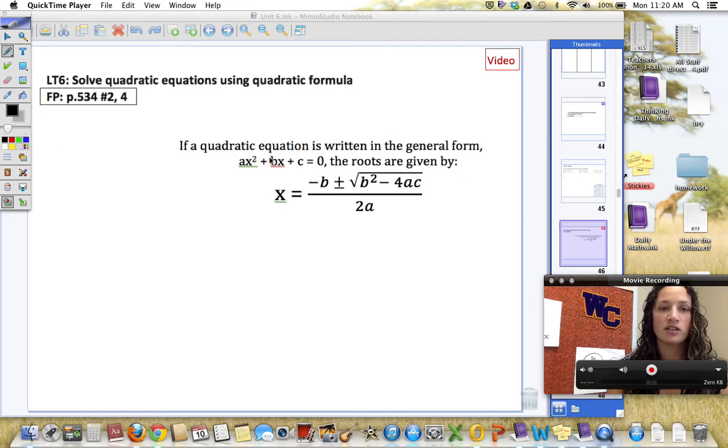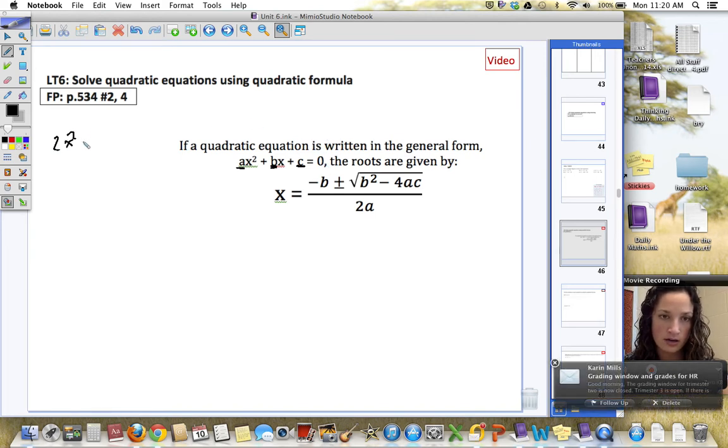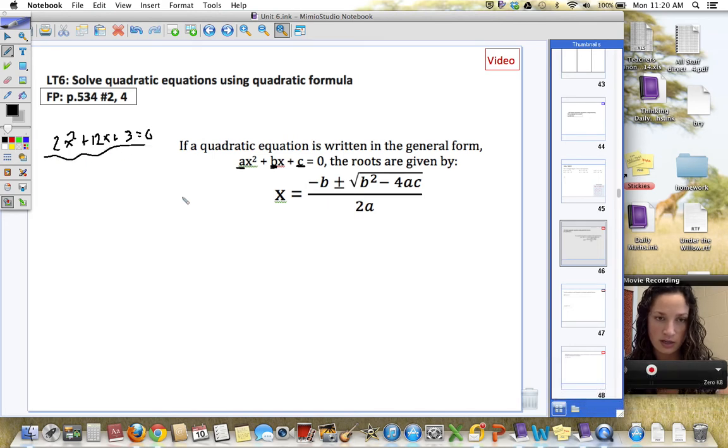So the quadratic formula. If the quadratic equation is written in the general form ax squared plus bx plus c equals 0, where remember a, b, and c are all numbers, like 2x squared plus 12x plus 3, something like that, that's what we're talking about, a quadratic equation.